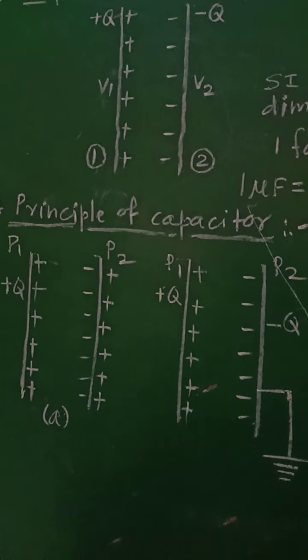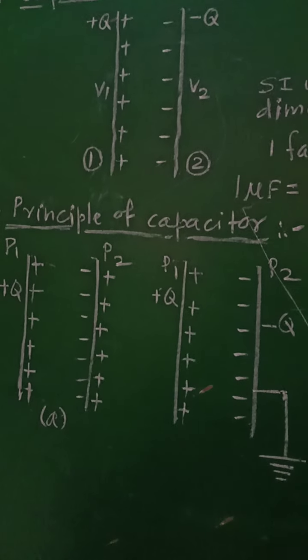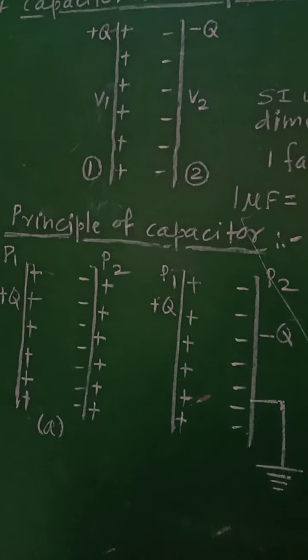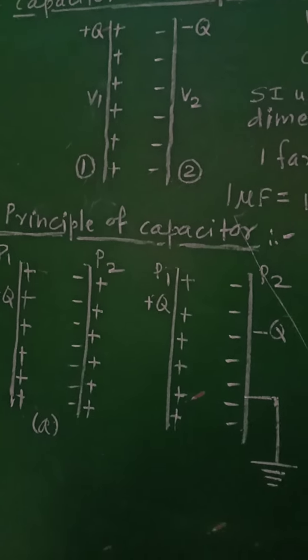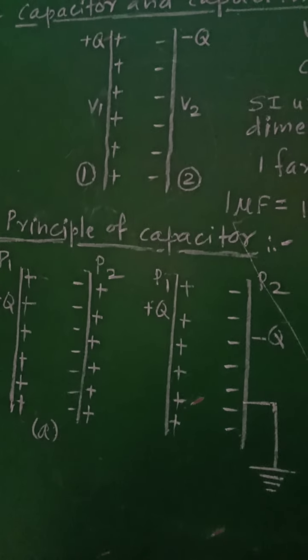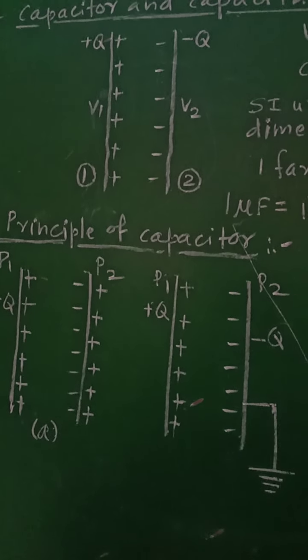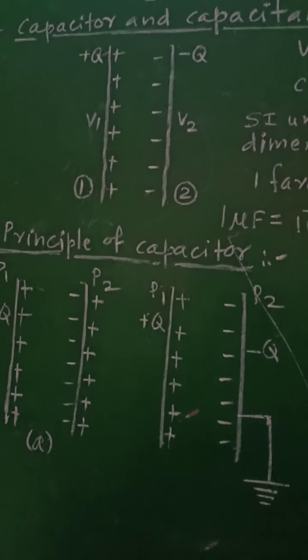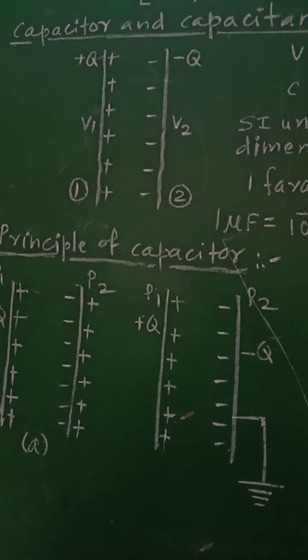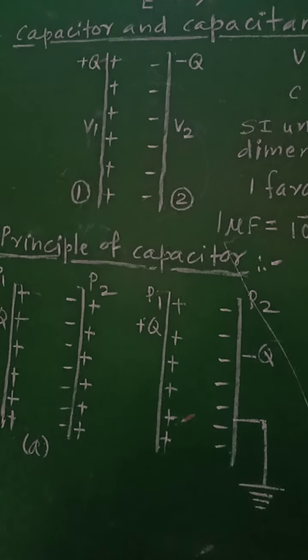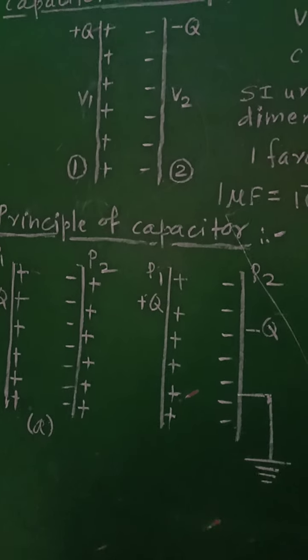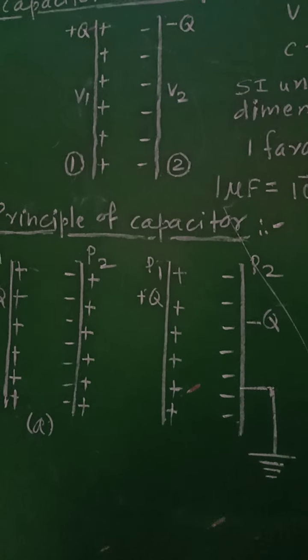If the outer surface of plate P2 is connected to earth, the induced positive charge on the plate P2 flows to the earth, and thus plate P1 is positively charged and plate P2 is purely negatively charged.